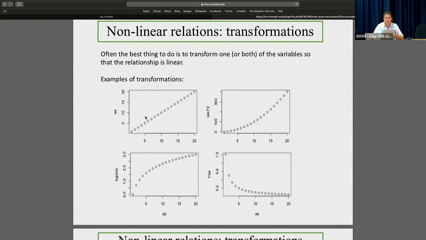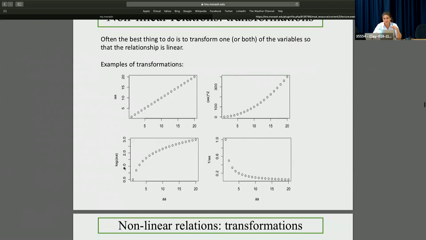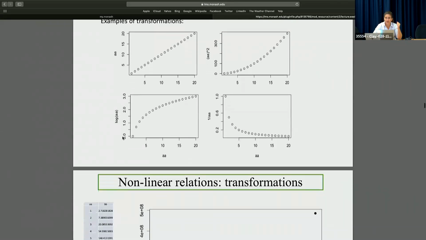And what I can apply to my relationship is a transformation of one or both of the variables so that this relationship is linear. And usually what I need to do is perform the opposite operation. So if I had 1 divided by AA, to get back to AA, I need to multiply by AA.